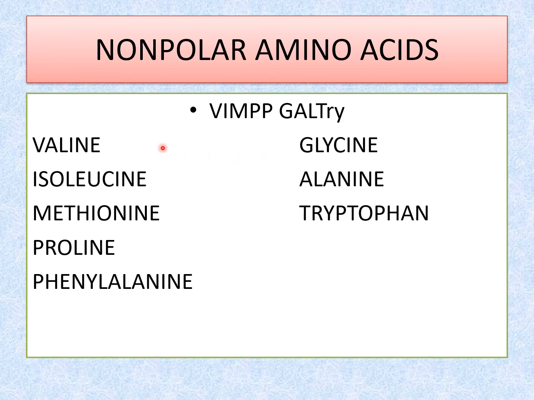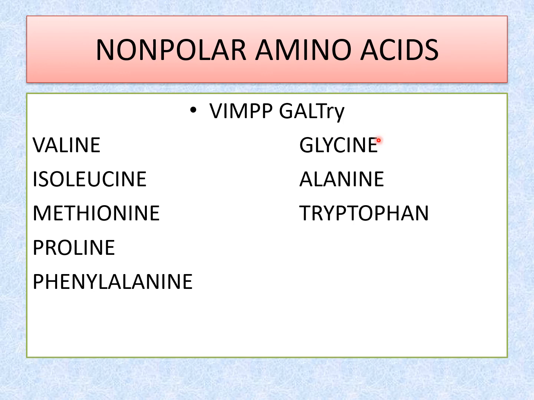For those amino acids with nonpolar side chains, we have valine, isoleucine, methionine, proline, phenylalanine, glycine, alanine, and tryptophan. So when we say nonpolar, it could be that the side chain of the amino acid is aliphatic or aromatic. So what we have here are amino acids that either have aliphatic side chains or aromatic side chains.